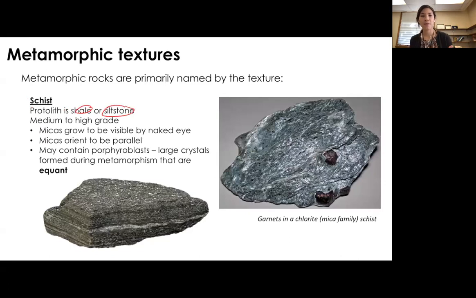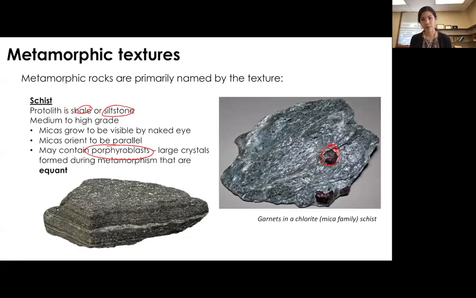The micas have oriented to be parallel to each other and perpendicular to the direction of main stresses. And schists have increased the pressure and temperature conditions enough that what are called porphyroblasts may grow. And these are large crystals that form during metamorphism. So they form during increasing pressure and temperature conditions. And a really common one are garnets.